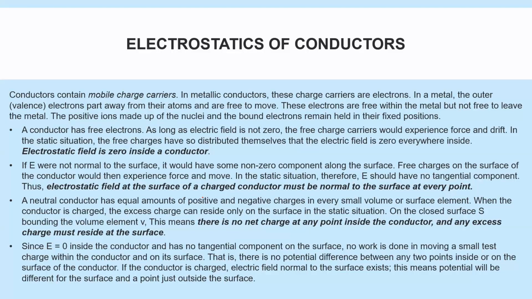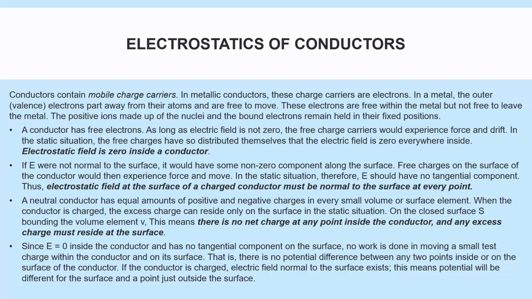The positive ions or positive charges that we consider for a conductor are actually the nuclei, which have both neutrons and protons, and the remaining electrons in the atom give the negative charges, and they are held in their fixed positions. So these are conductors, and this is how the charge carriers are present in them.